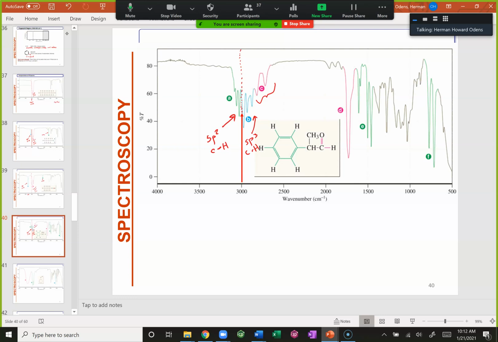And basically what you have here is a stretch for the CH, and also a bend. I don't know how to draw the bend, so I'm going to do a rocking motion, back and forth, in front of you and backwards.